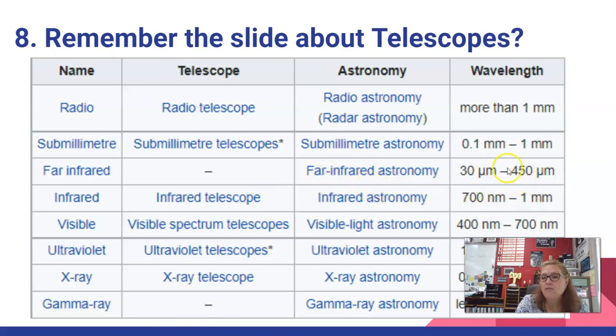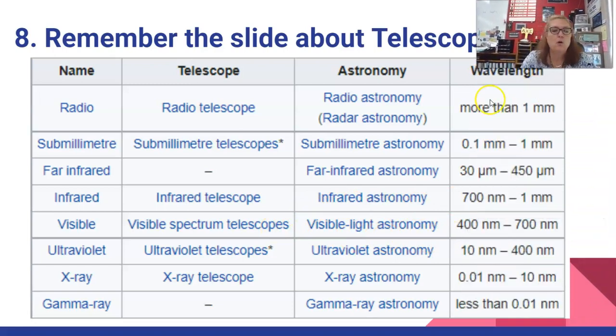What's happening to the wavelength? They're getting smaller, aren't they? What about the visible spectrum? These numbers are getting small. What about ultraviolet? These nanometers are really small. X-rays are even smaller, and gamma rays have even smaller wavelengths. We can fine-tune our instruments to measure these different wavelengths.